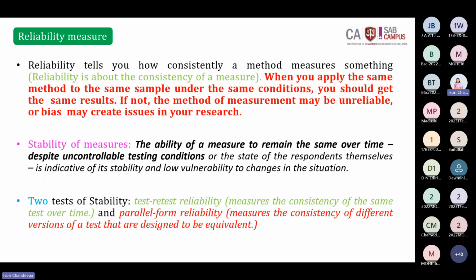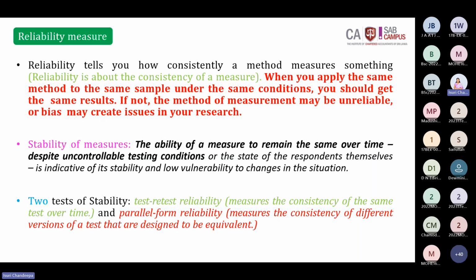If the answers provided these 3 times by Prakash are the same, the questionnaire has reliability. Same questionnaire, that means same method, to the same sample, that is Prakash, under the same condition during the lecture time, you should get the same answers, same results.